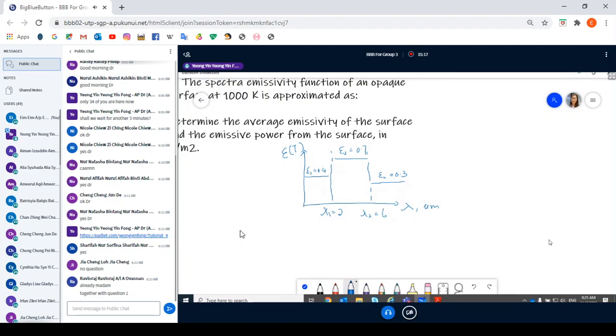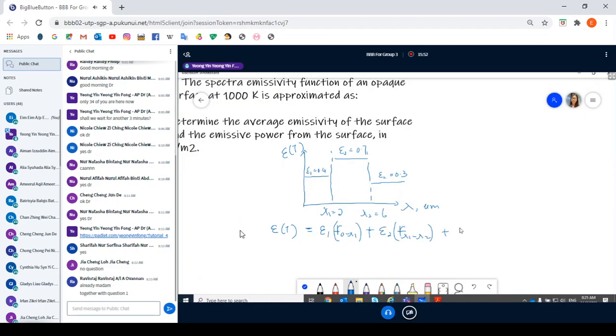If you want to get the average emissivity, it will be epsilon 1 times F from 0 to lambda 1, plus epsilon 2 times the fraction from lambda 1 to lambda 2, plus epsilon 3 times the fraction from lambda 2 to infinity.